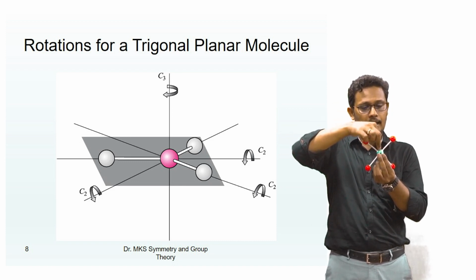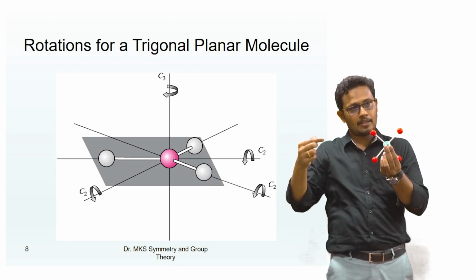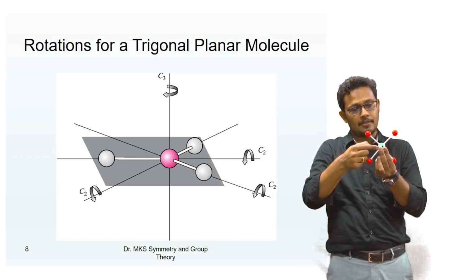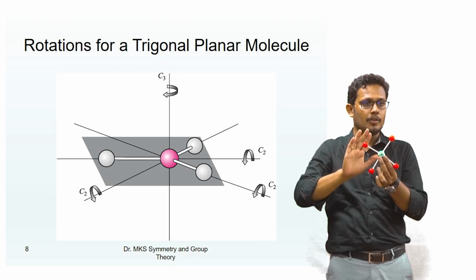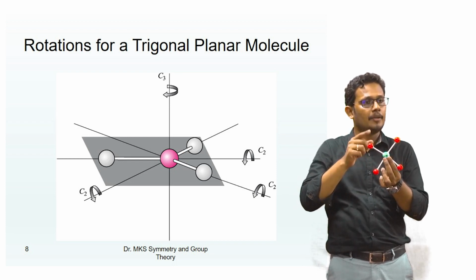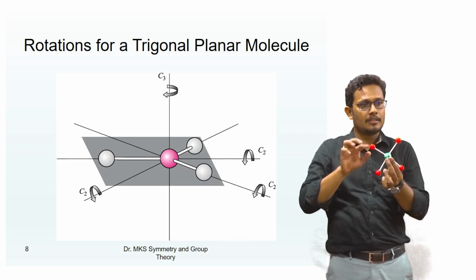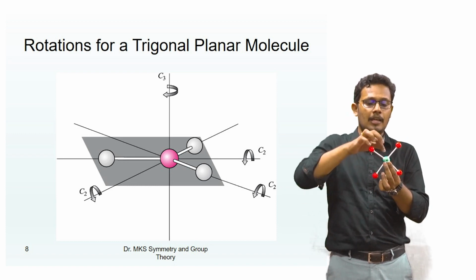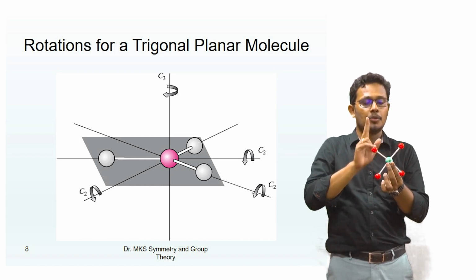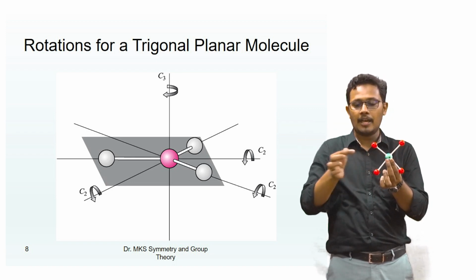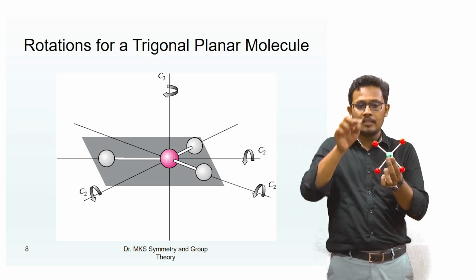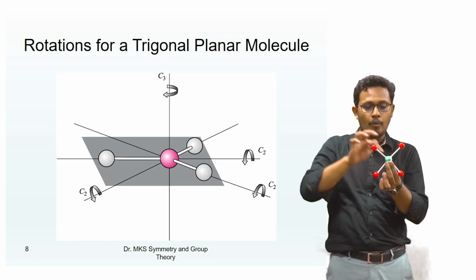A C2 rotational axis. And if you pass another line, another C2, like this, you can rotate this molecule one time and 2 times to get an indistinguishable structure. So, according to the definition, sigma D, the dihedral plane, is nothing but a plane which bisects 2 consecutive C2 axes. Here we have C2 axis 1 and here we have the second C2 axis. Between these 2 C2 axes, we have one plane, right?